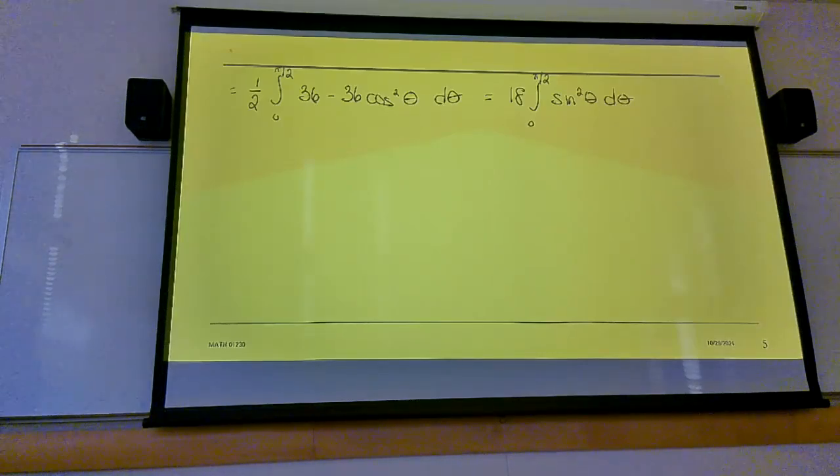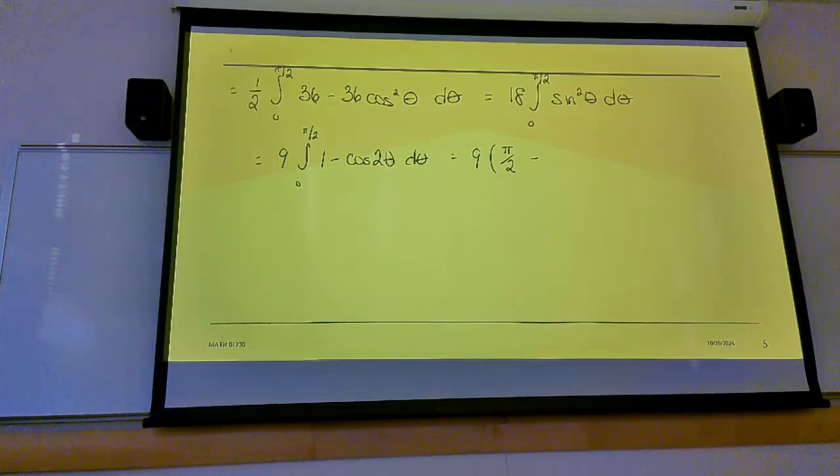Oh, that's easy. One is just going to integrate the pi over 2 minus the antiderivative of cosine of 2 theta. 1/2 sine theta? Negative. What's the derivative of 1/2 sine theta?